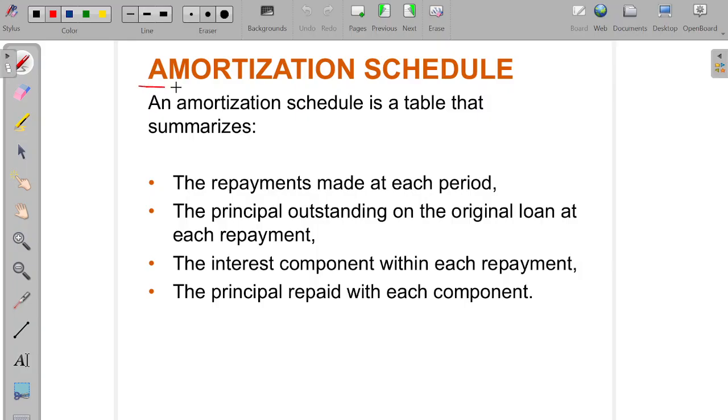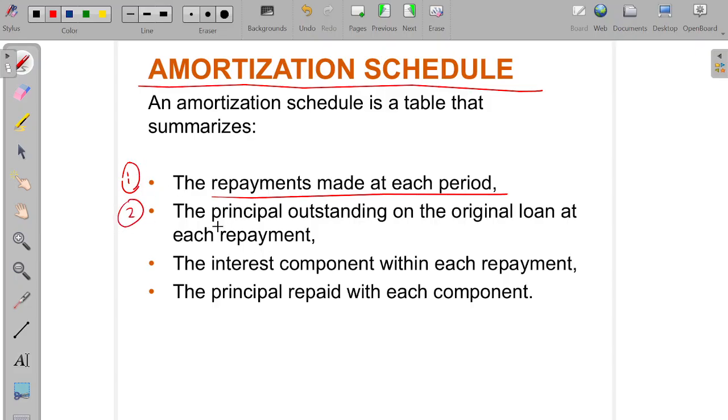The tool we use to outline this schedule is what we call the amortization schedule, and it is a table that summarizes four things. Number one, the repayment made at each period.